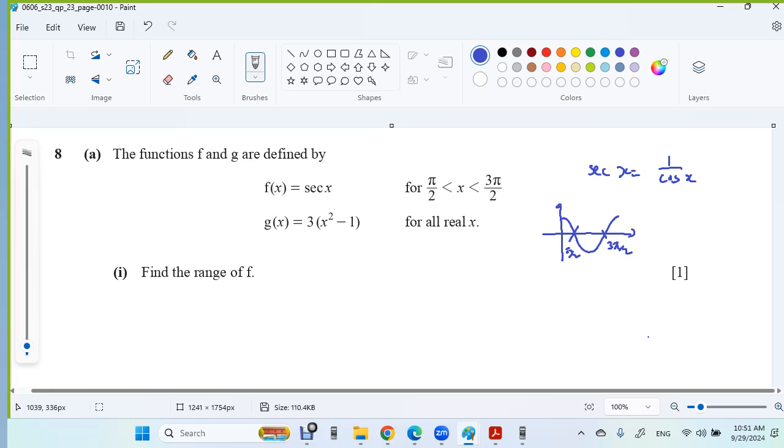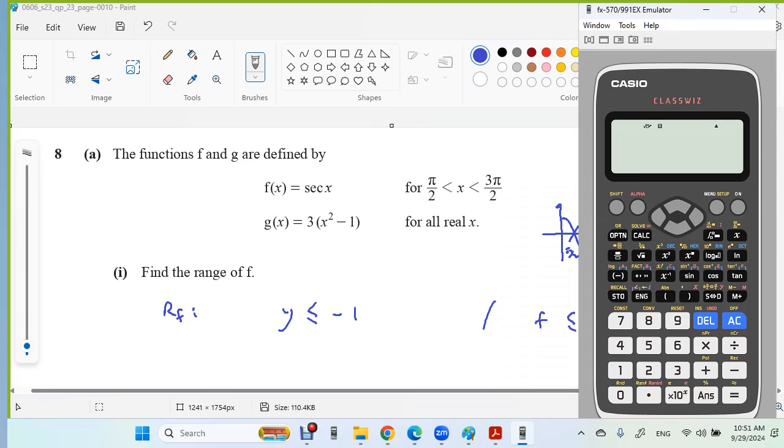Okay, so the range of f will be y less than or equal to -1. Or we will say f is less than or equal to -1. This one we have 1 over -1, then it will be -1.